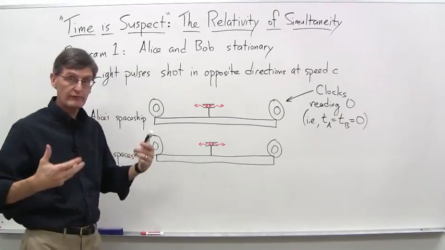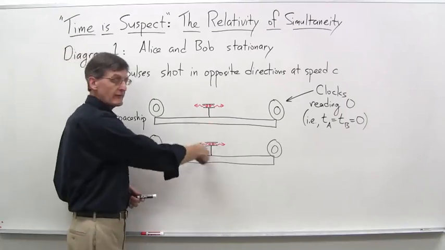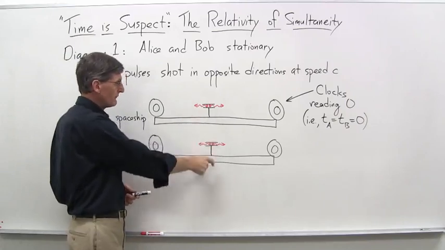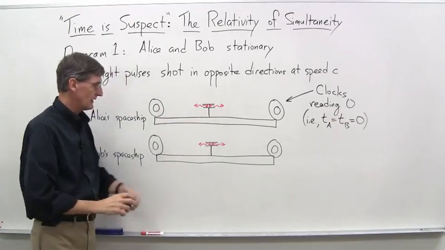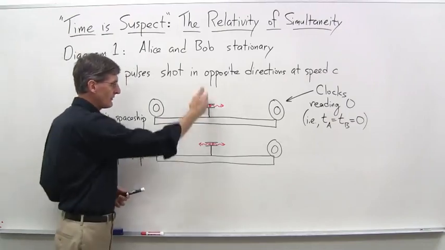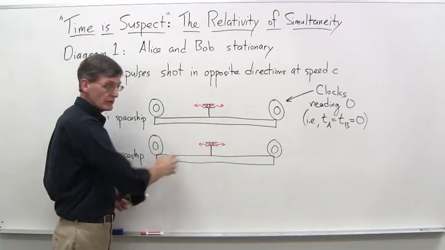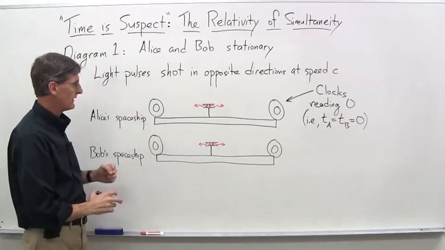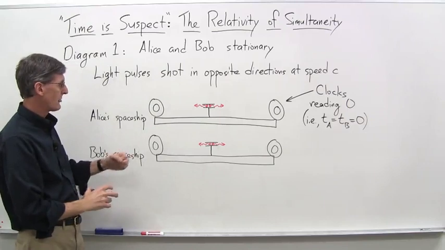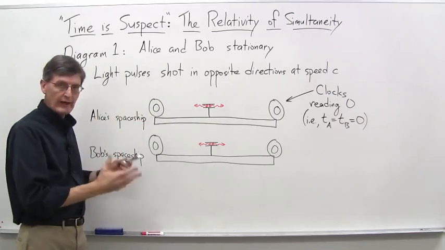And of course, we could verify that if we had a photographic clock right here in between them, such that they could take a picture and verify that, yes, they did go off at exactly the same instant in time because they're at the same location in space there. And we just have to put a clock there that would indicate if they were shot exactly at the same time. So they're shot off. What happens next?